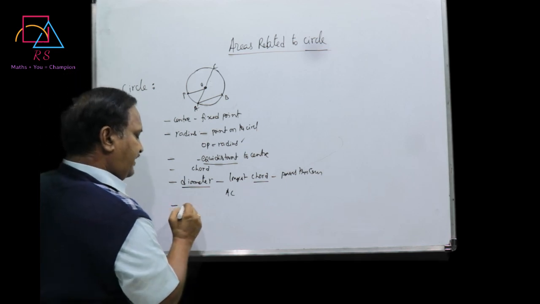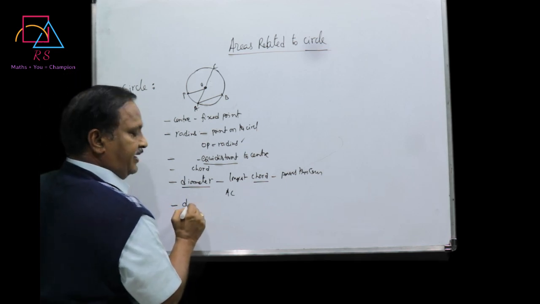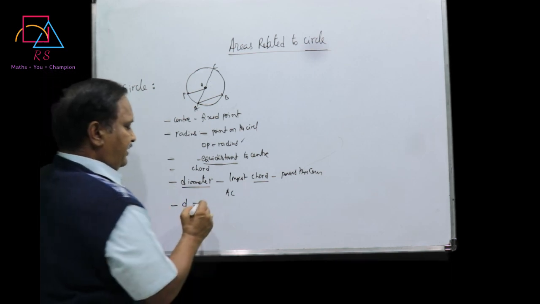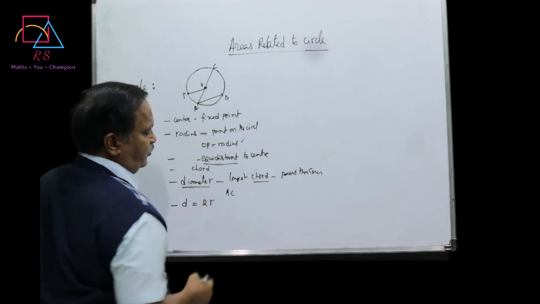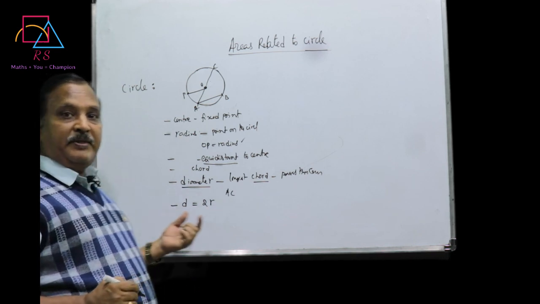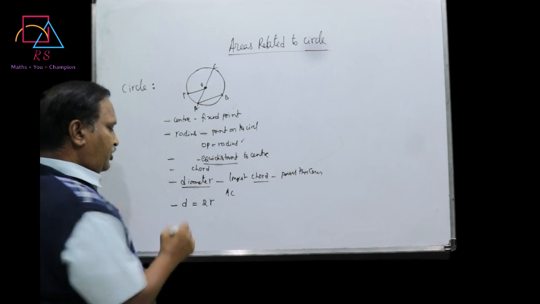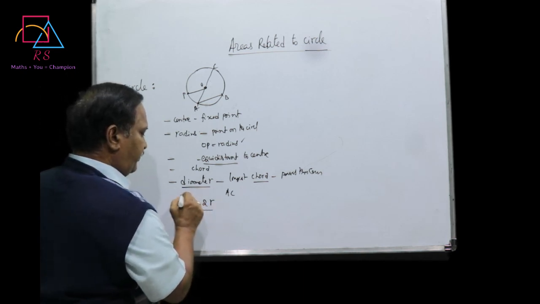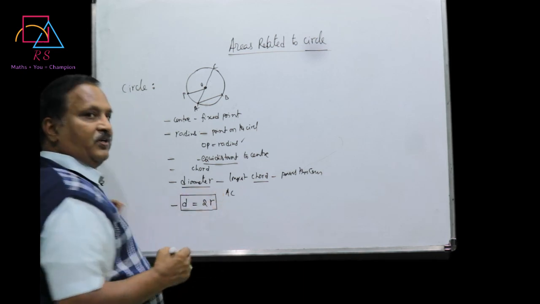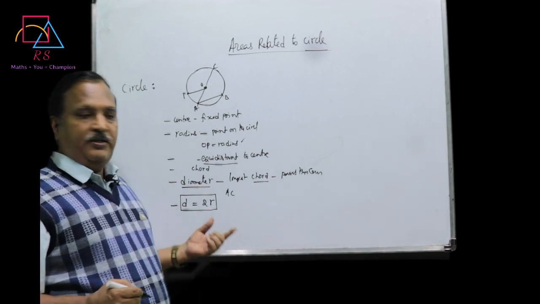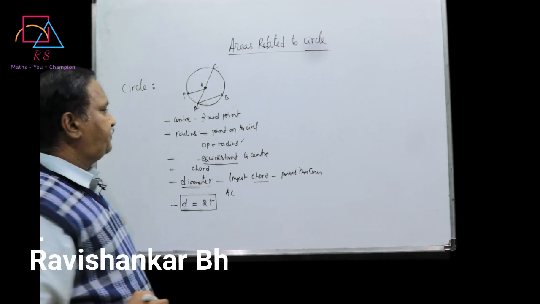The relation between diameter and radius: if D is the diameter and R is the radius, D is equal to 2R. That means diameter is twice its radius. Whenever you want to convert radius to diameter or diameter to radius, you can use this relation.